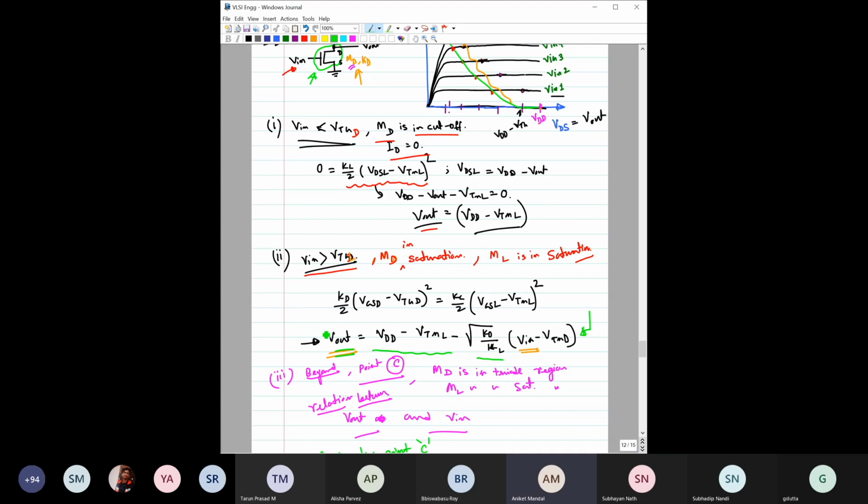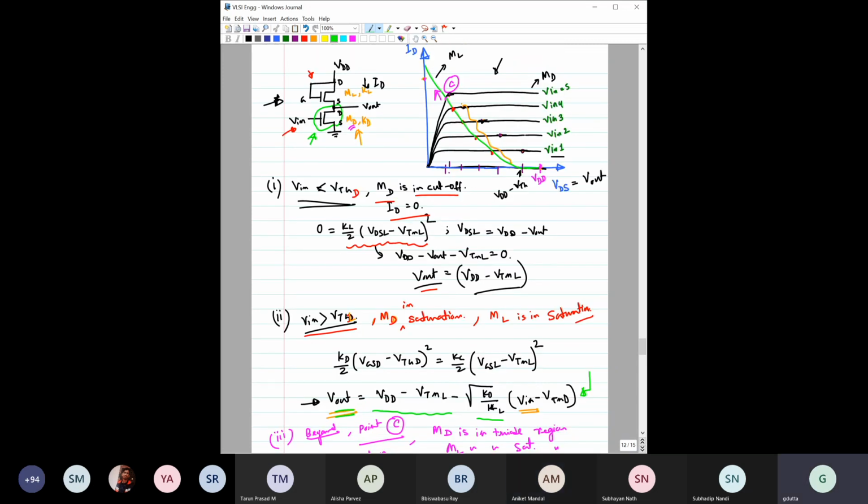For the driver MOSFET, we are considering VTH driver, right? For the upper one also we are considering VTH only, right? VTHL, V threshold load. Yes, sir. So that's why I was saying, in that equation V out is equal to VDD minus VTNL, that is VTHL only, right? Oh, it should be VTHL.